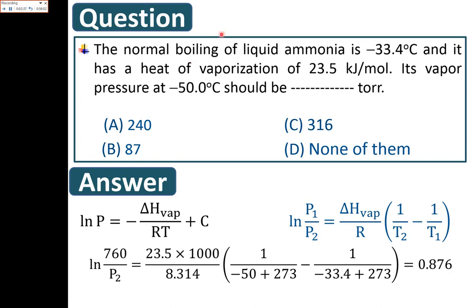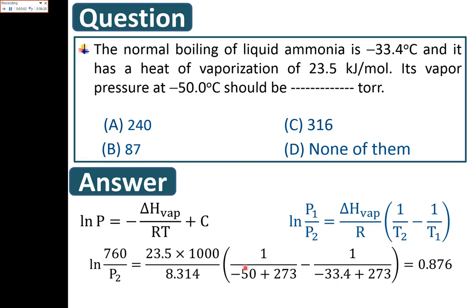The same is here for ammonia. Ammonia boils at minus 33.4 degrees Celsius, and this is the normal boiling point, which means that this boiling point is at 1 atmosphere. So we will substitute here by 1 atmosphere or by 760 torr, in that question, which is at the normal boiling point.